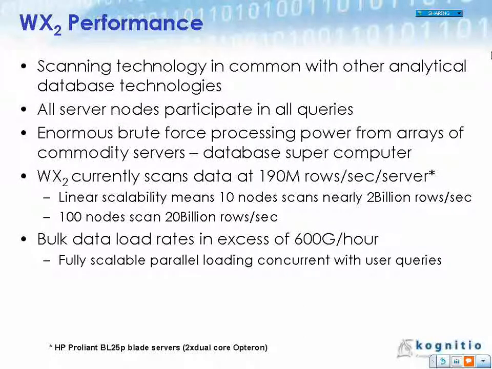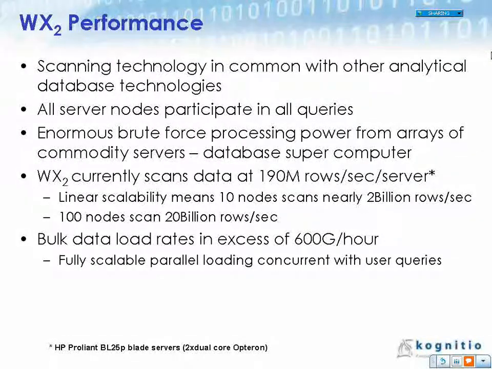Currently, WX2 on an Opteron-based system will scan data at 190 million records per second per server or node. So if you have 10 servers, 10 times that number. 100 servers, 100 times that number. That number will continue to change.